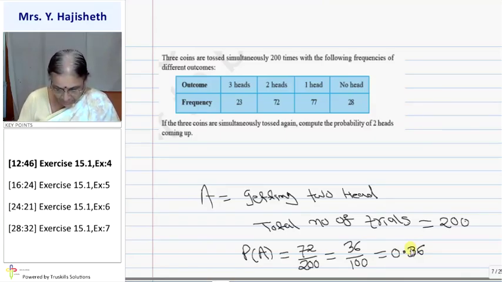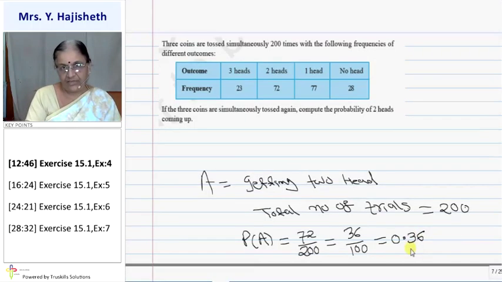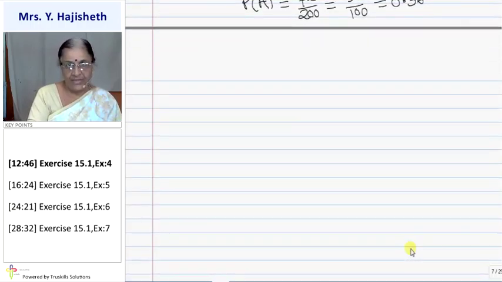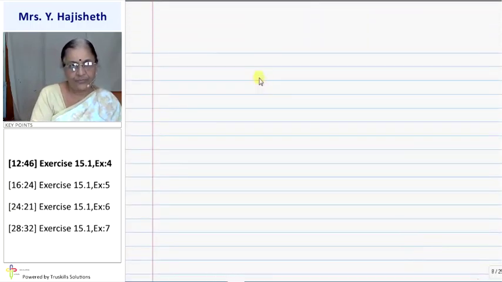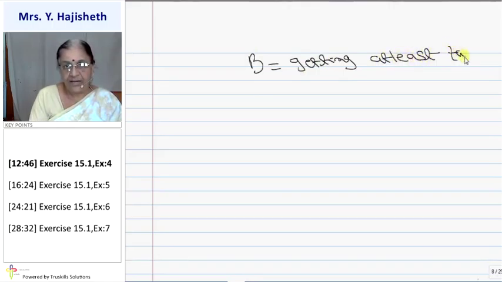Now suppose B is an event of getting at least 2 heads. Suppose instead of exactly 2 heads, at least 2 heads is asked, this is an extra question I am making for you. Let B be an event of getting at least 2 heads. At least 2 heads means at least shows minimum.